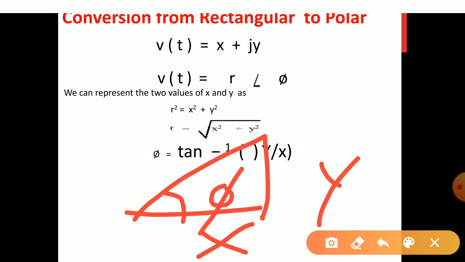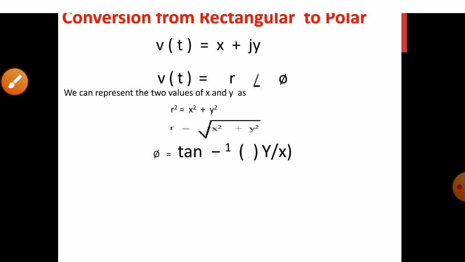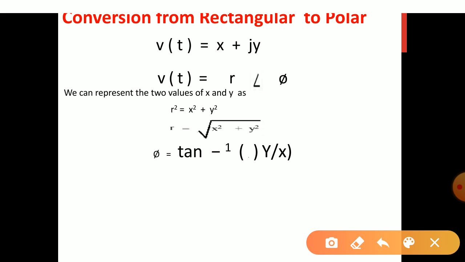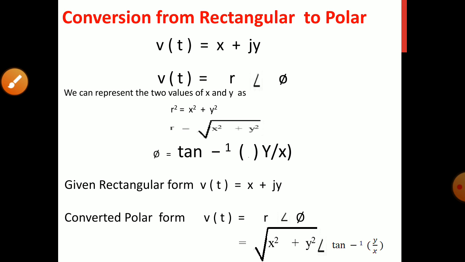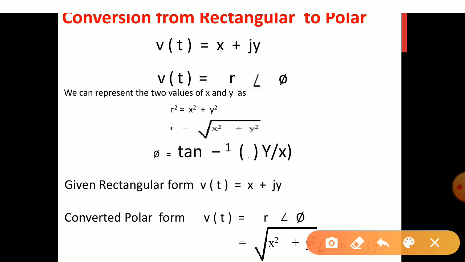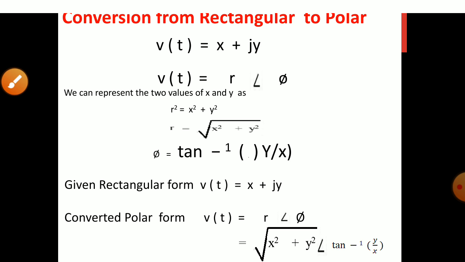So taking tan inverse of both sides, this bracket has been put on by mistake. So phi could be written as tan inverse y by x. So we could write in polar form as the square root of x square plus y square, angle tan inverse of y by x.